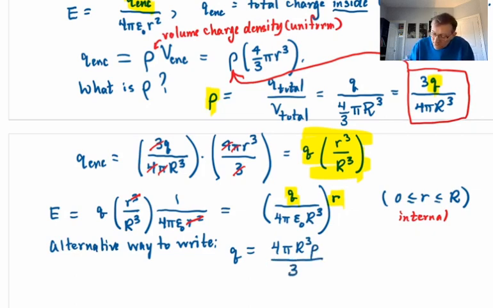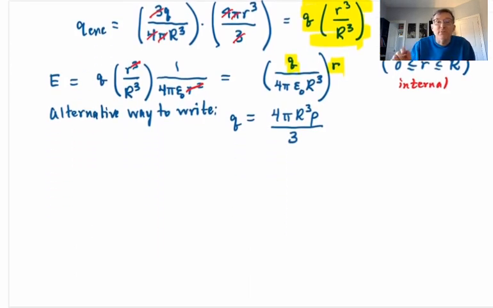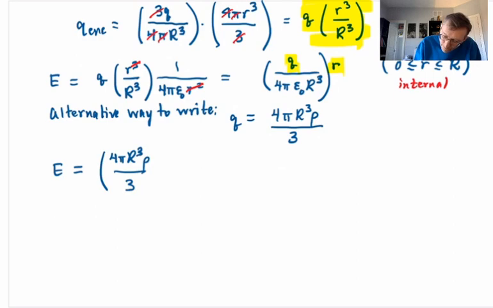And then I'm going to substitute that in my E internal result for the Q. So this is an alternative way to write the E. E equals, for the Q, 4 pi big R cubed rho over 3, and then I still have a little r upstairs, just doing the algebra carefully, over 4 pi epsilon 0 big R cubed.